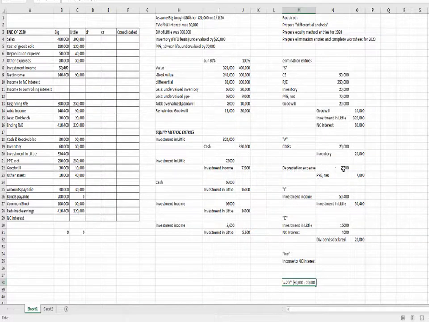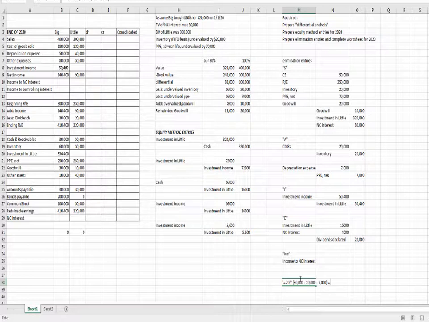Similarly, this second A for amortization entry added $7,000 to depreciation expense. Another $7,000 debit on the income statement makes income go down by $7,000. So the non-controlling shareholders are going to get their share, 20% of the adjusted earnings.